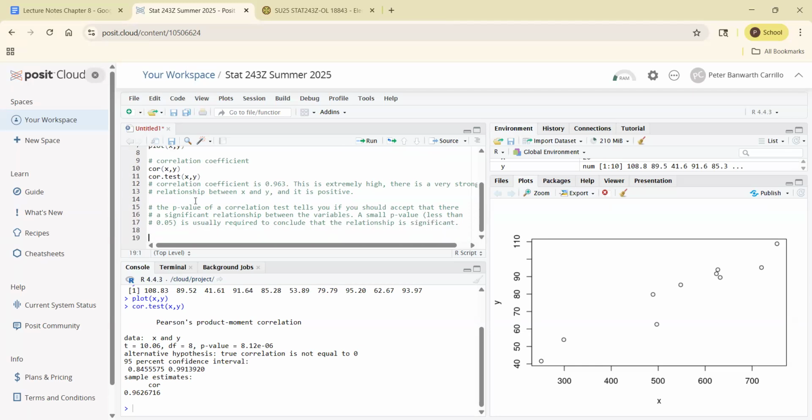I'm going to show you a couple different data sets where they have positive, negative, and 0 correlation coefficients. So first, let's look at one that has a strong positive correlation.